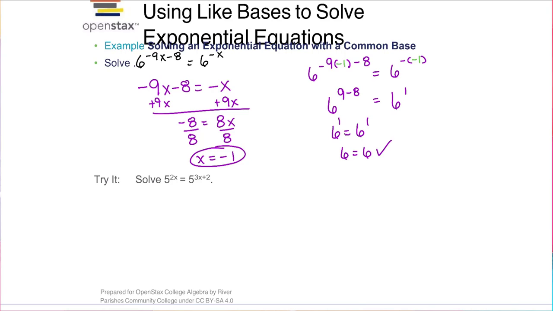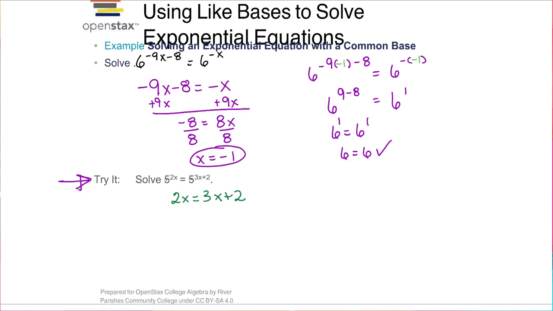All right, so you guys try it right here. Pause the video, attempt the problem, and then unpause when you're ready to go over the solution. Okay. So you notice that the bases are the same. 5 and 5 are equal. That means 2x must equal 3x plus 2.